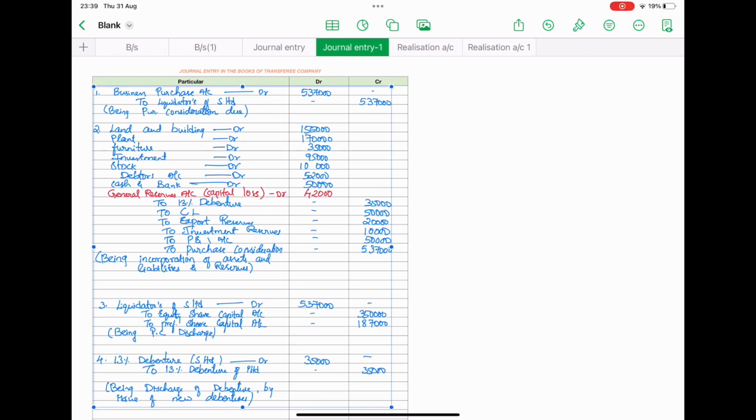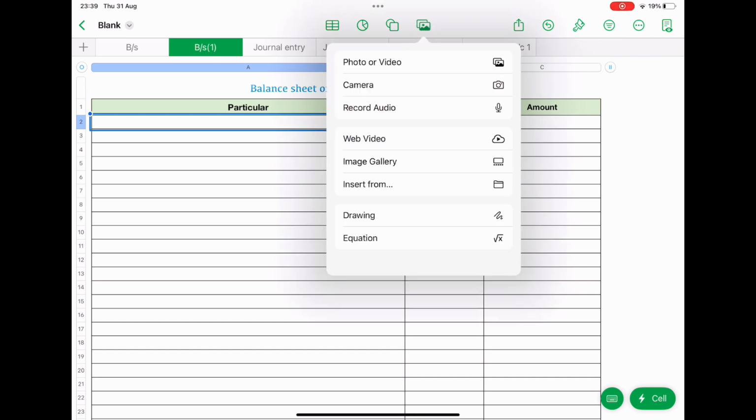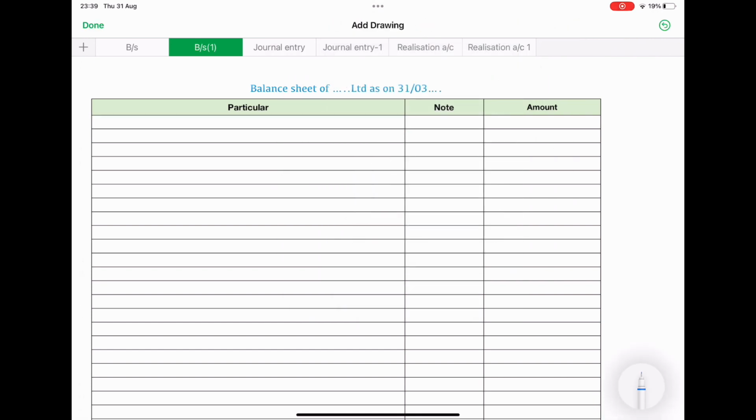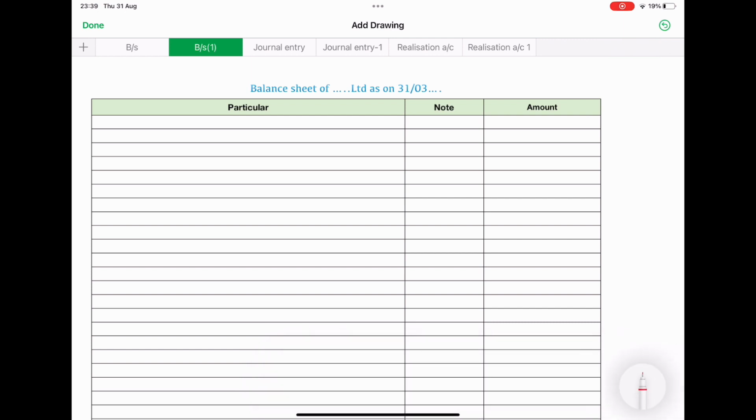So the balance sheet of so and so company. Here we are going to prepare it for P Limited as on 31st March or 1st April, whatever they have given in the question, that date you are going to write. We are going to follow the vertical format, as you all know.